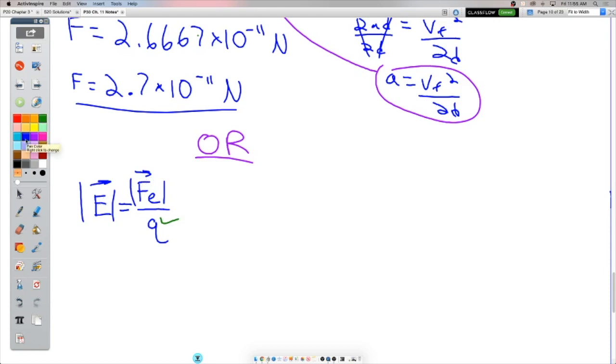However, we do know that the magnitude of the electric field is equal to the potential difference, the voltage, divided by the distance between the plates. So this is the equation for the electric field between two parallel plates, right?